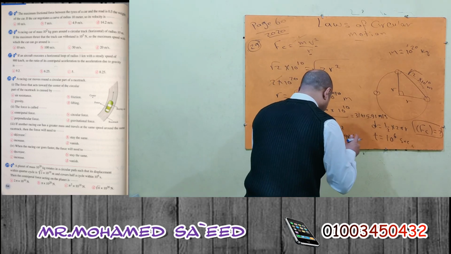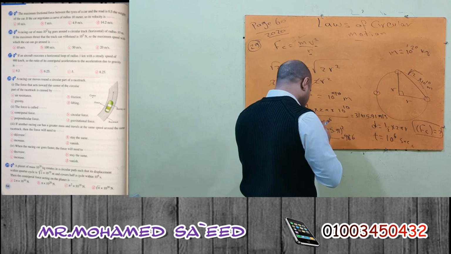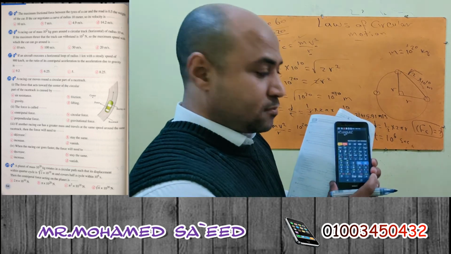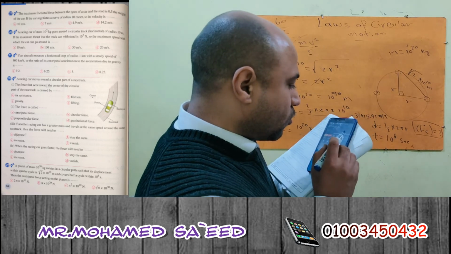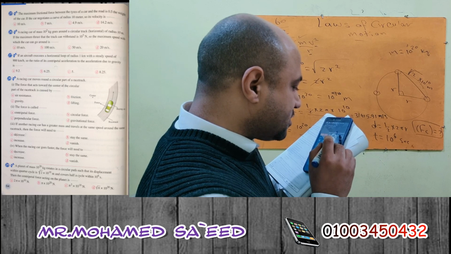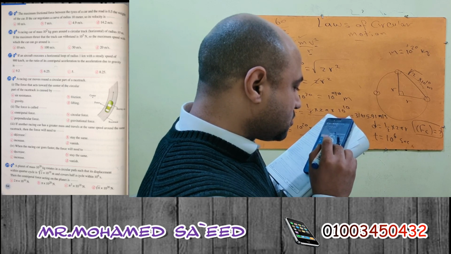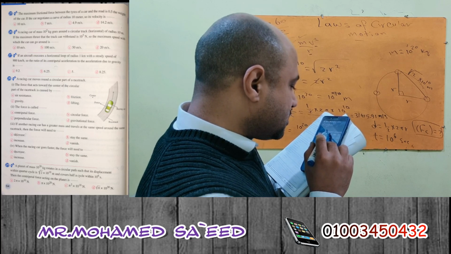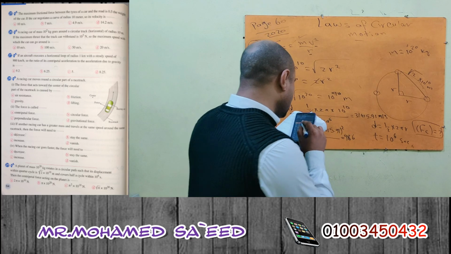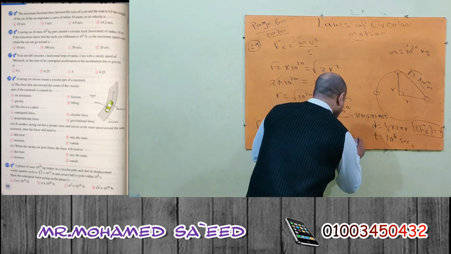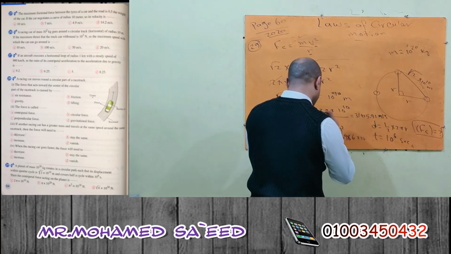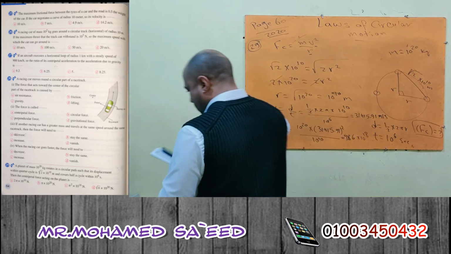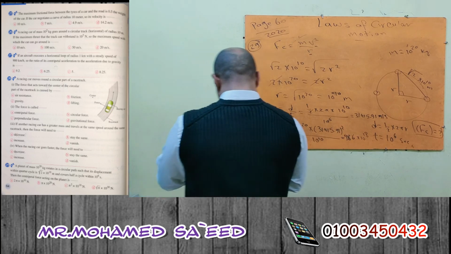It's a great number, so we write it as 9.8 times 10 to the power 18. So the true answer.